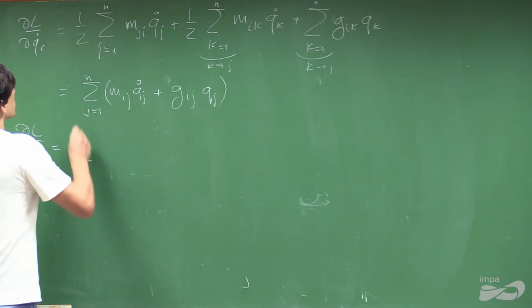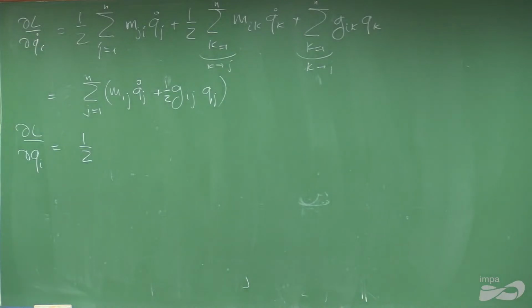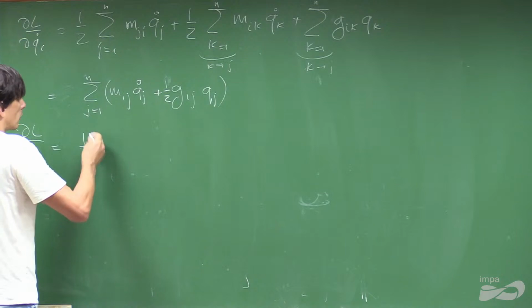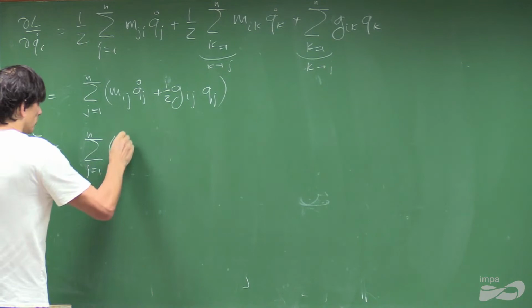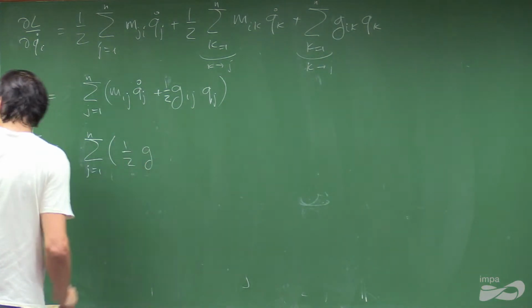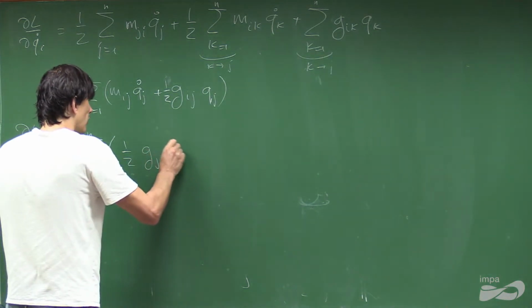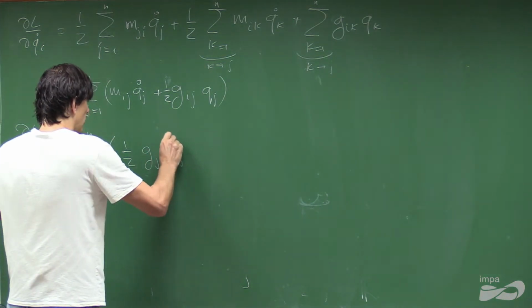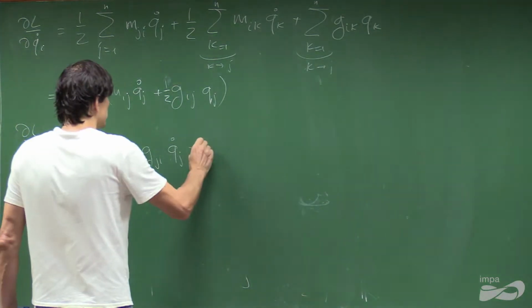It will be 1/2 of g_jk when k equals i, so it will be g_ji, this, minus.